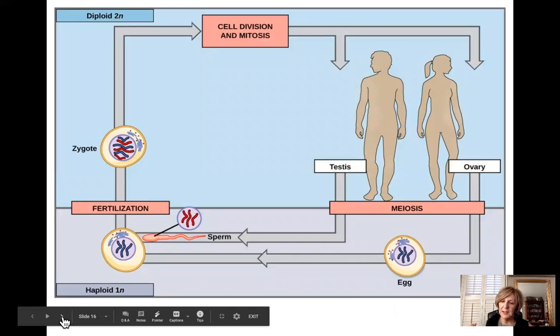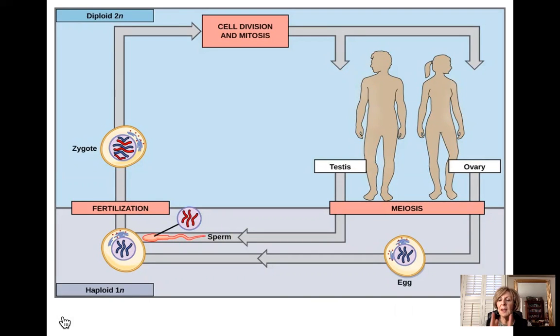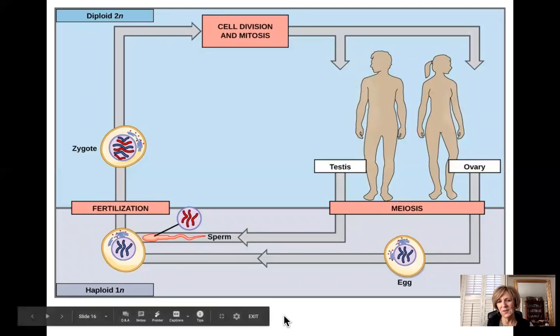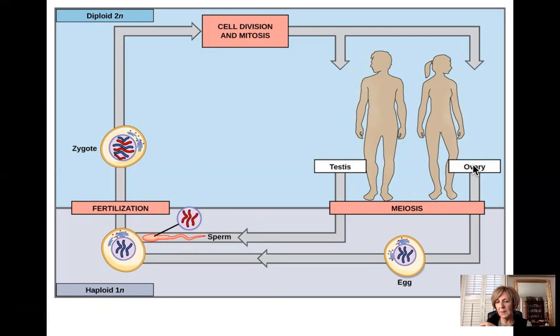So just to keep this straight, in humans and most other animals, the great majority of our cell division is mitosis, right? After fertilization, we're just a bunch of mitosis and growth, right? But the only place where meiosis occurs is either in the male gonad, which is a testes, or the female gonad, which is the ovary.